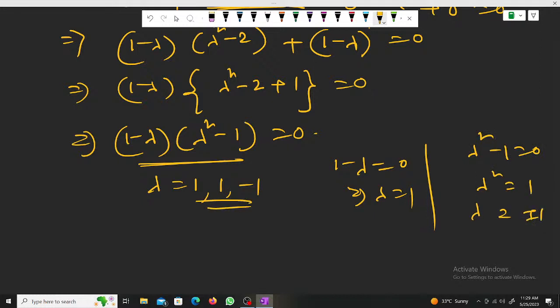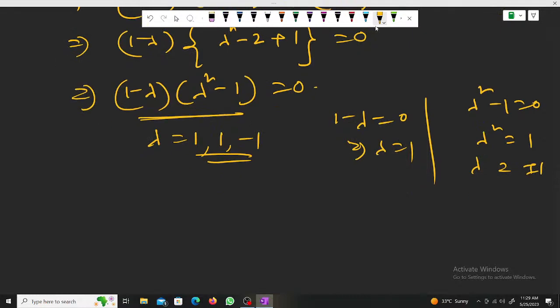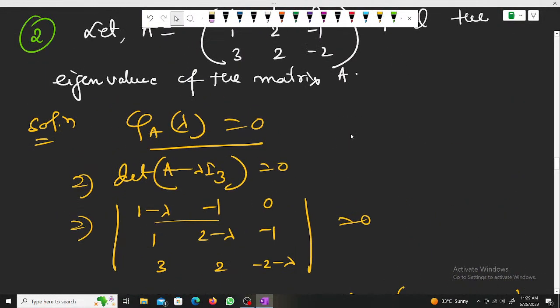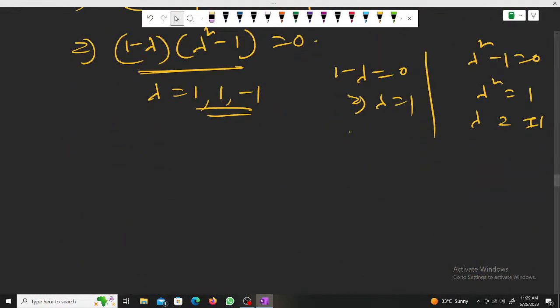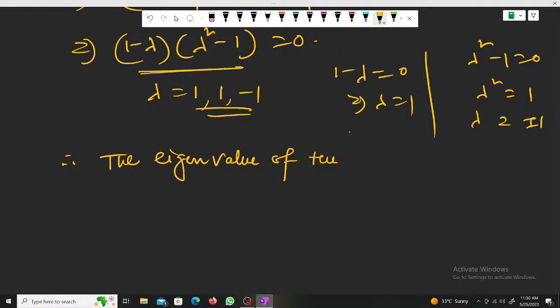So the total eigenvalue of the matrix is 3. Okay, and therefore the eigenvalues of the matrix A are 1, 1, minus 1.